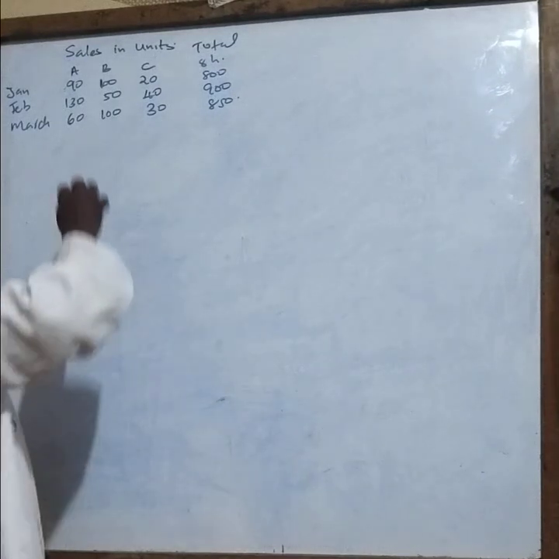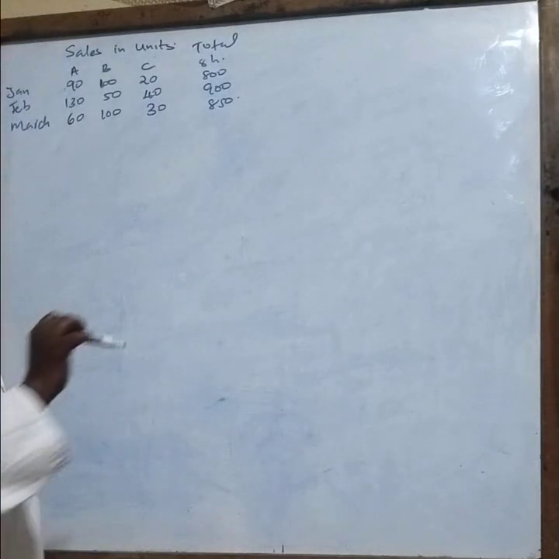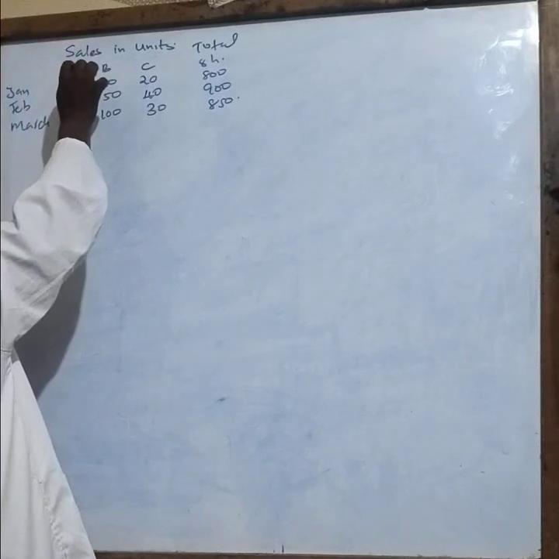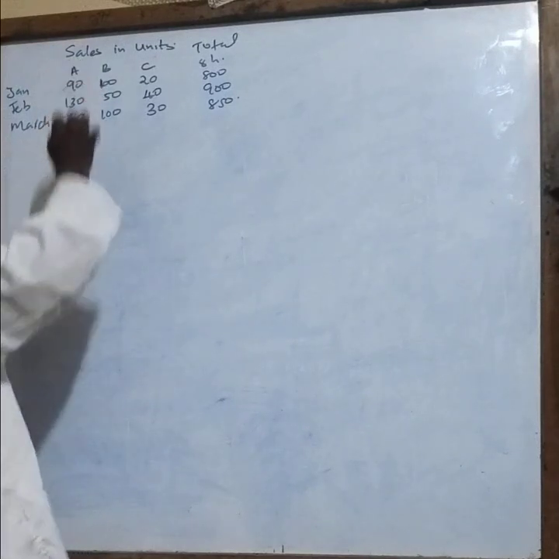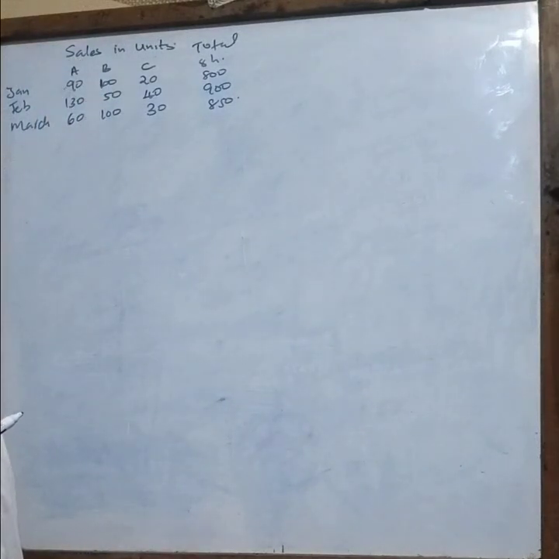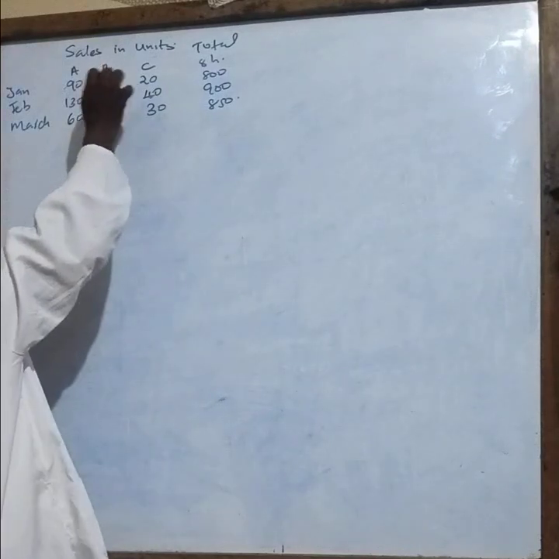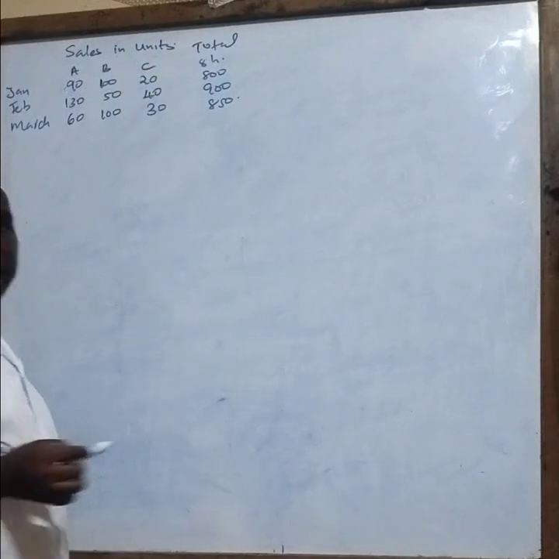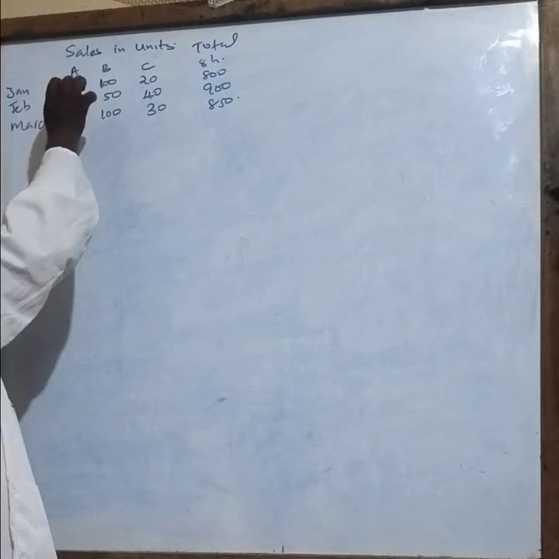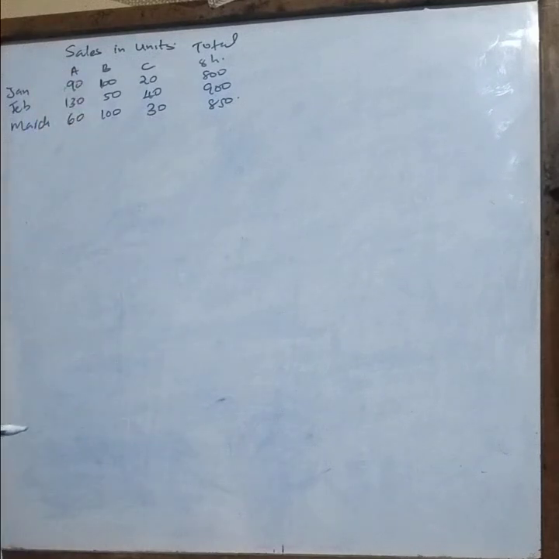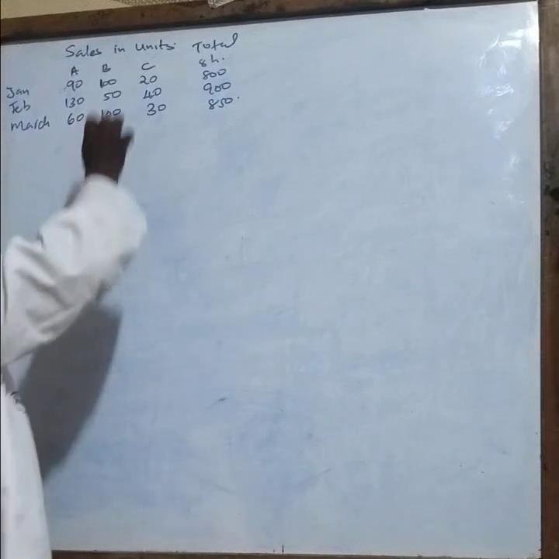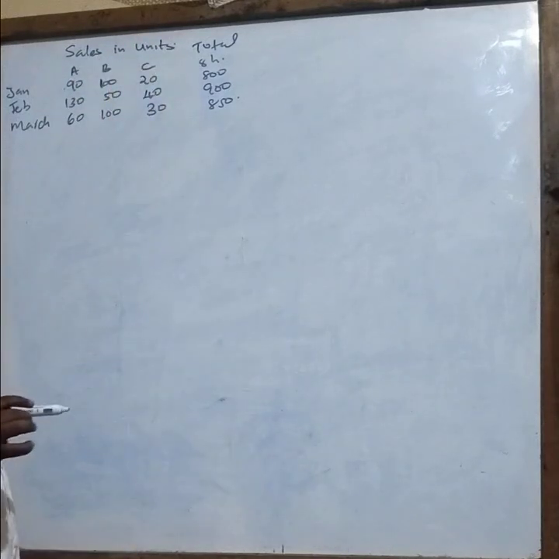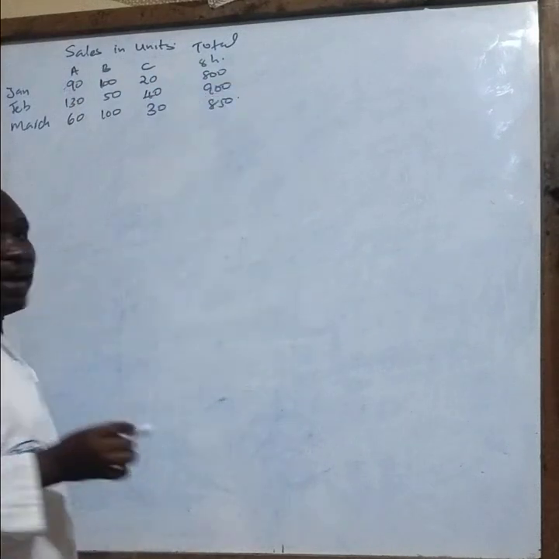So it means you don't know what the commission was, correct? In January, this person sold 90 units of product A, 100 units of product B, and 20 units of product C. Then in February, the same person sold 130 units of A, 50 units of B, and 40 units of C. The total here is 900.